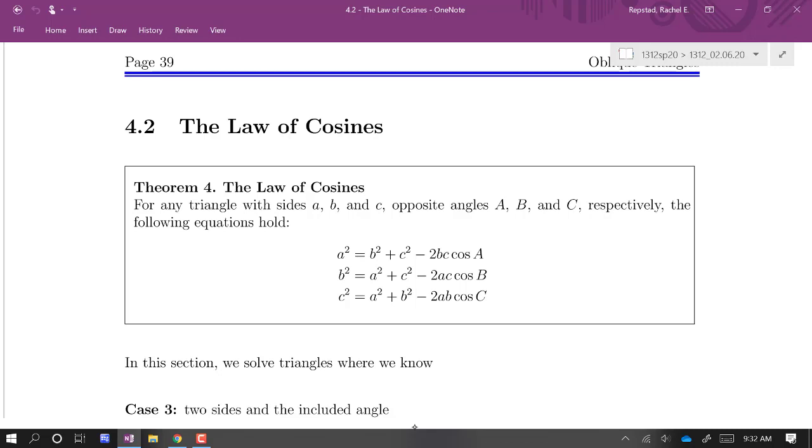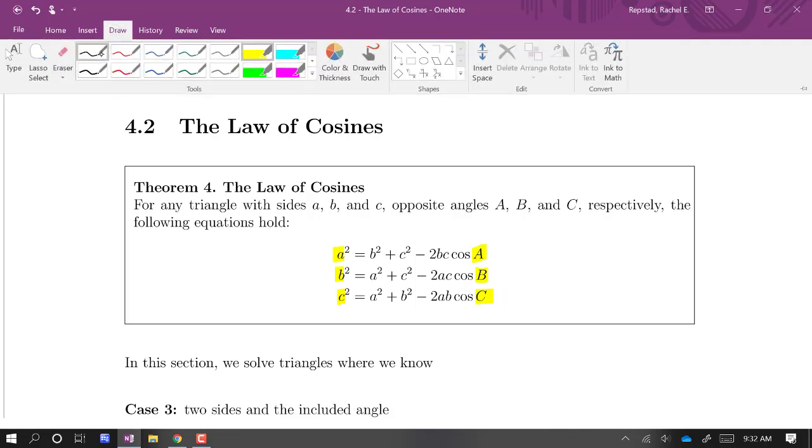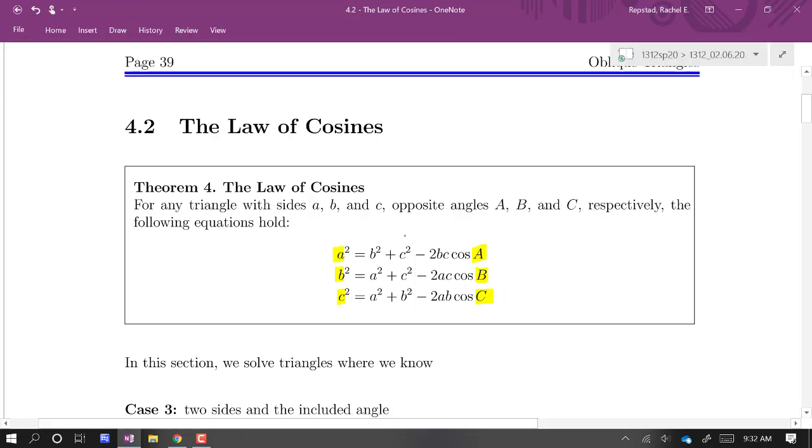So essentially, all of these come in the form of: note that whatever side we're squaring on this side corresponds to the opposite angle that's inside the cosine function. All right, so b squared, cosine B; c squared, cosine C. And then the other side of the equation involves the other sides of the triangle.